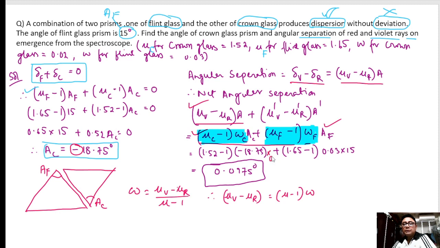Here we have missed out 0.02, because it is the value of this, we have to multiply. This also we have to multiply. This is the angle of the prism. We already calculated, but we forgot to multiply this. So the value will be like this, and that is the net angular separation. Clear?